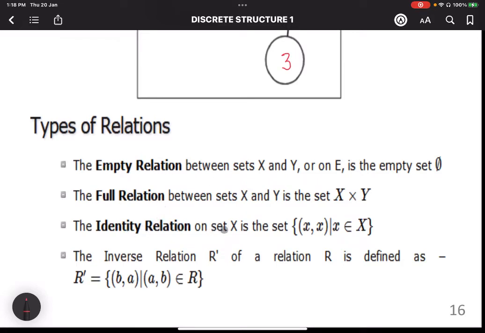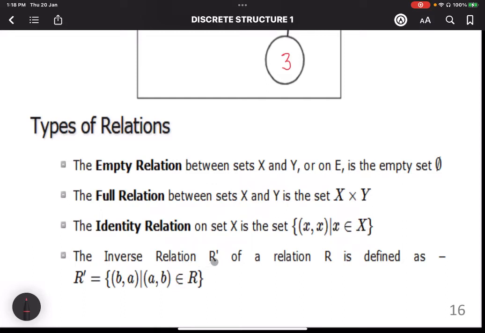Identity relation on set x is the set (x, x) if any x is an element of set x. So kapag malaking letter, alam natin na siya ay pangalan ng set, no? Kapag maliit na letter, alam natin siya ay member or element ng X.